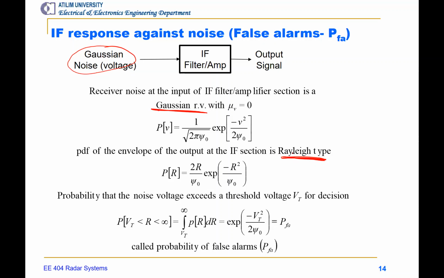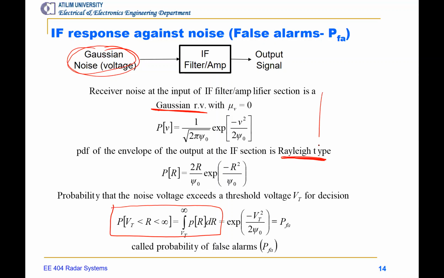Now, if we got noise and the output signal exceeds the threshold, as we said earlier, that's called a false alarm. Let's try to calculate the probability that the measured signal is above the threshold. So, the probability of false alarm. This is a simple formula for that.